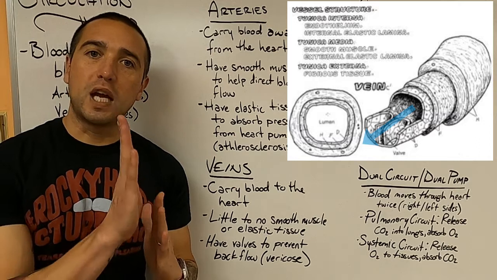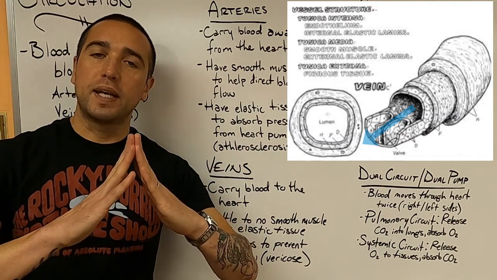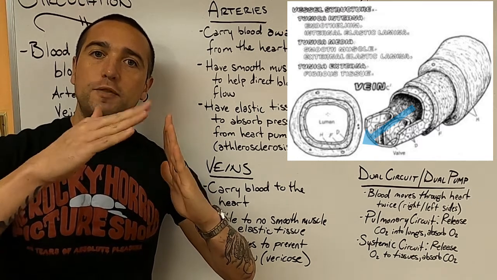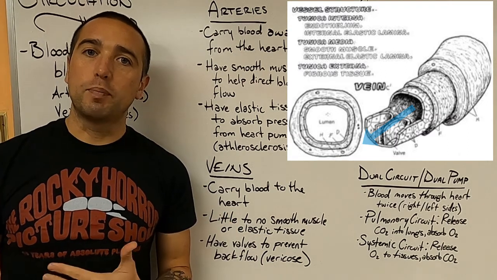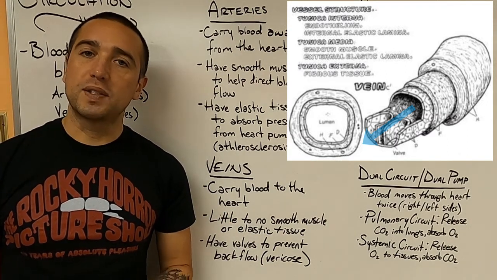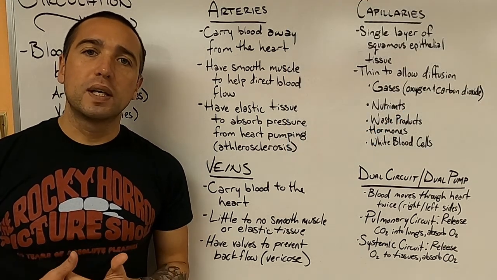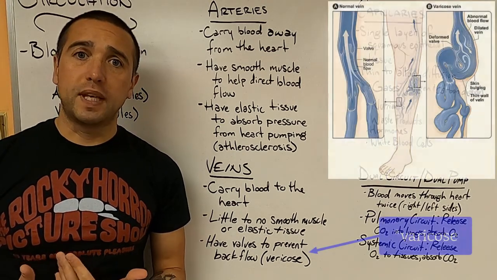So if blood is flowing up through a tube, a vein here, the valves are flaps of tissue that would open up to allow blood to flow up, but as it tries to flow back down, would close shut. And that prevents blood from going backward in that blood vessel because the pressure is so much lower in veins. And those work up until there's a condition called varicose veins.